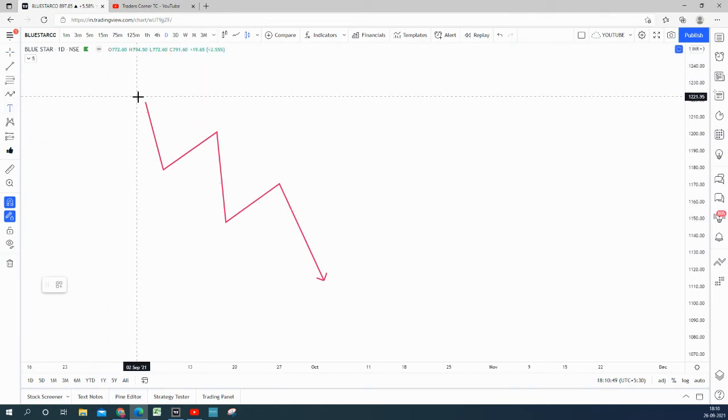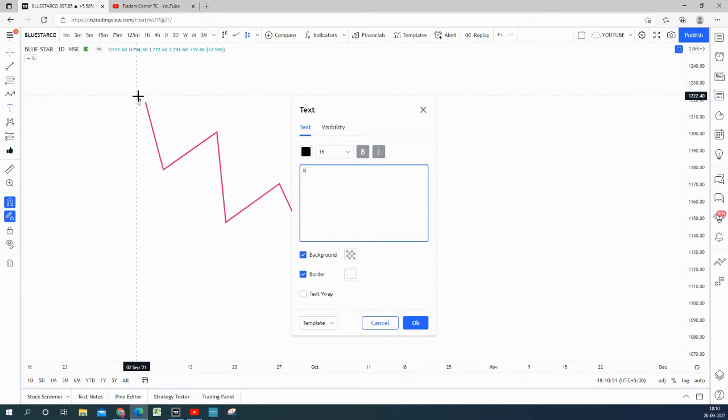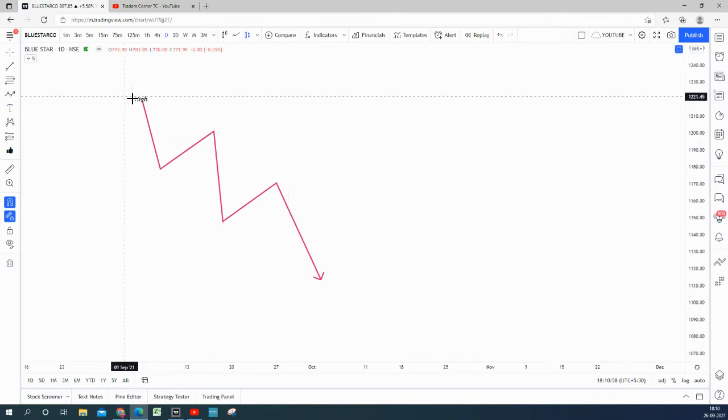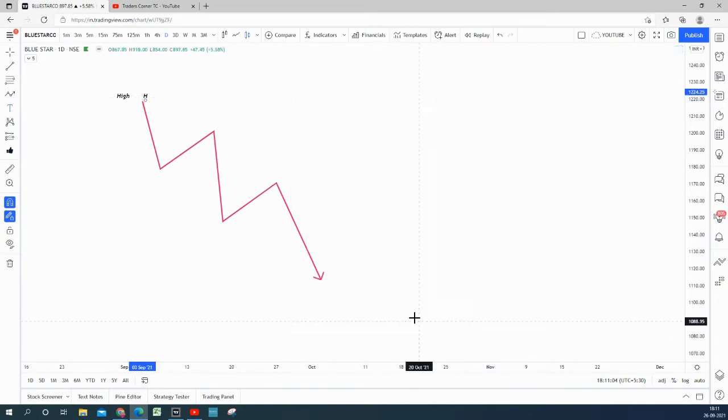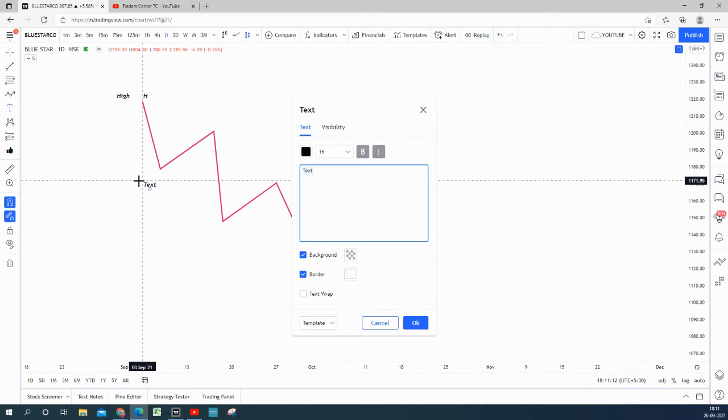So what we call, this is the high point. Next, this is the high, it came to a point. After the high, this is the lowest point, so this is low.